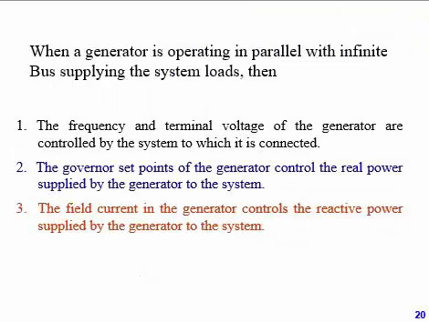So we conclude that when a generator is operating in parallel with an infinite bus supplying the system loads, the frequency and terminal voltage of the generator are controlled by the system to which it is connected. The governor set points of the generator control the real power supplied by the generator to the system.